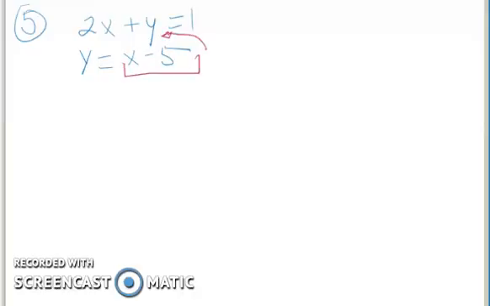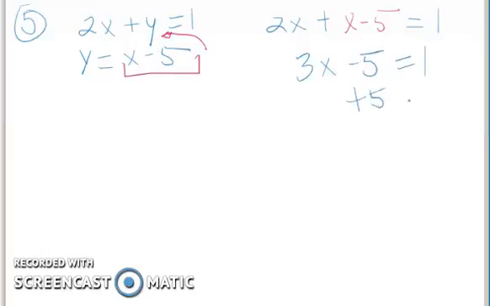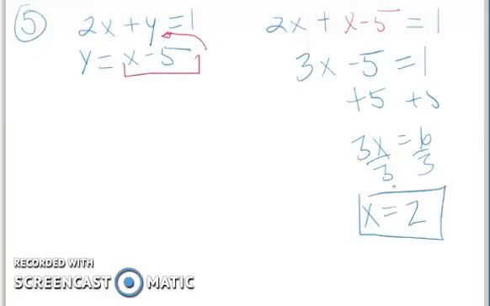So we'll get 2x plus, and instead of y, we're going to plug in x minus 5, equals 1. Combine like terms, that's going to be 3x minus 5 equals 1, add the 5, 3x equals 6, divide by 3, x equals 2.